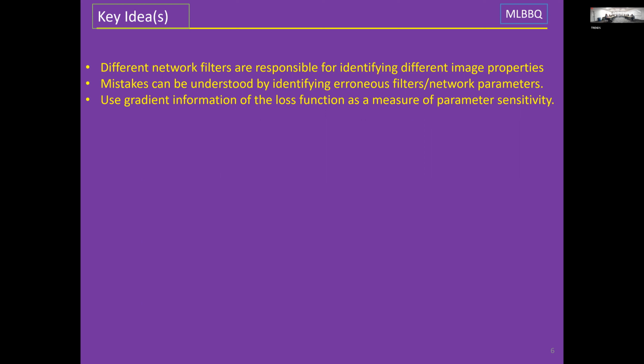And for this correction, they use gradient information of the loss function as a measure of parameter sensitivity. That means they did not use traditional input space saliency, where we usually use the logit value or the prediction probability to identify the salient regions in the input space.